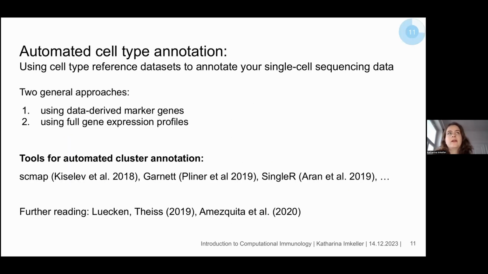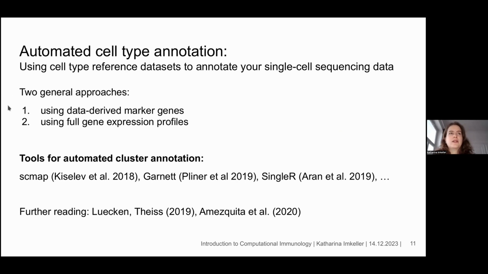people try to use automated cell type annotation. These automated cell type annotation approaches typically use cell type reference datasets, so datasets that are already annotated. They then use these references to annotate your single-cell, so the new single-cell sequencing data.